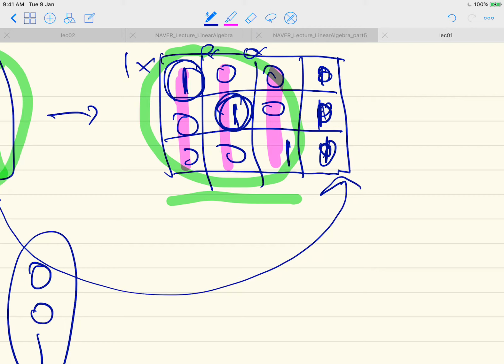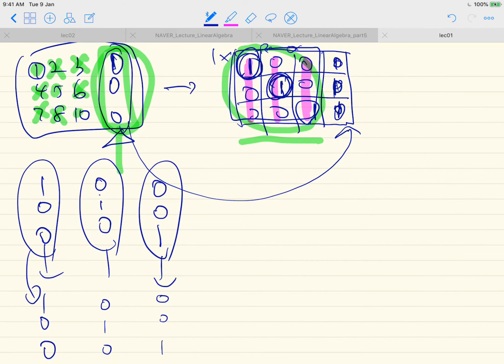So in conclusion, the main point that I want to make is in our matrix over here, this part corresponds to the matrix that we want to compute the inverse from, right?